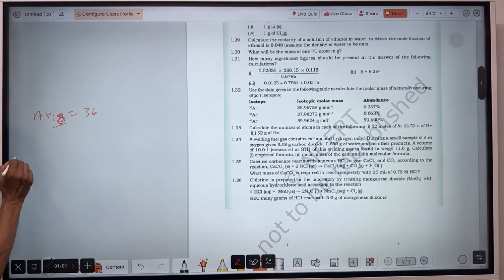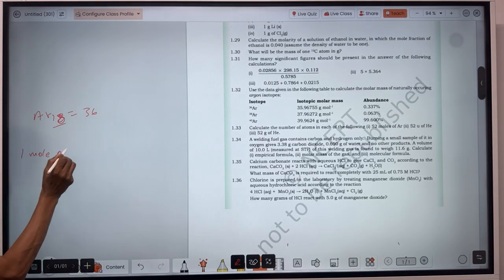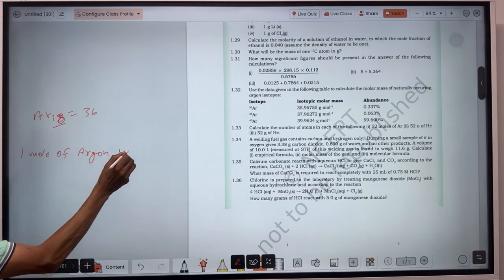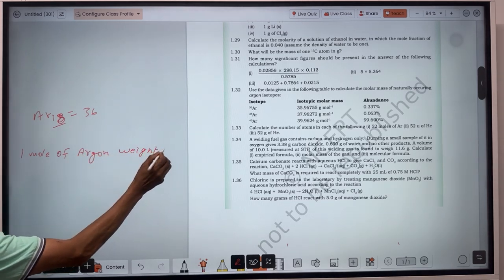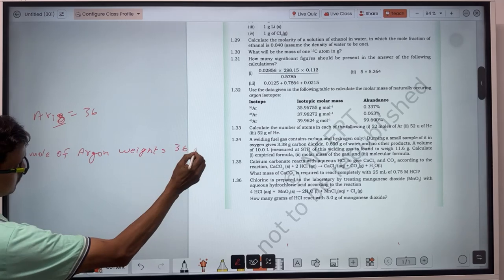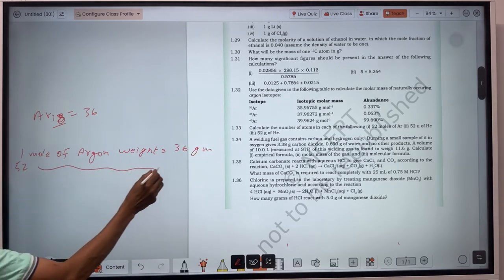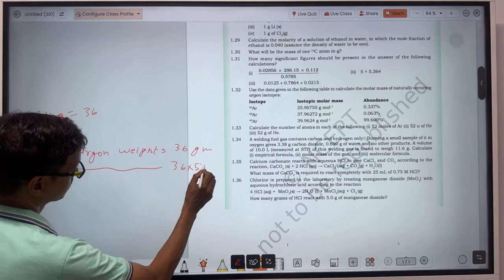So there are 52 moles. So how much will 52 moles come to?